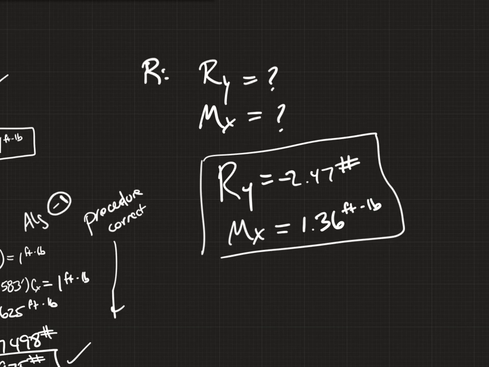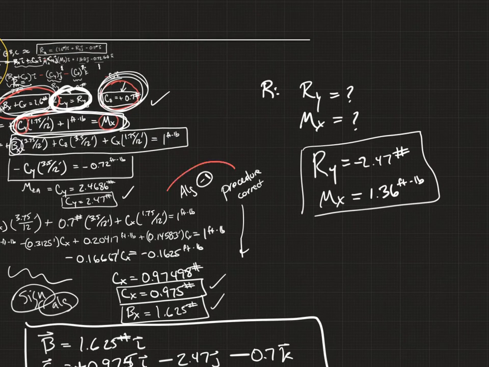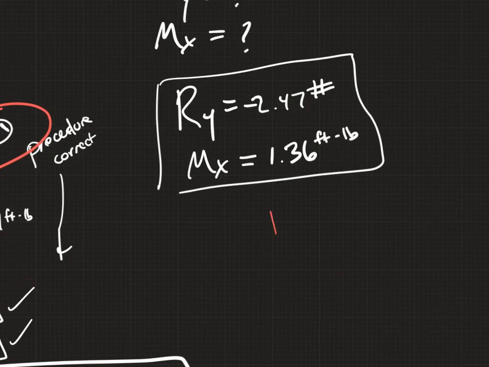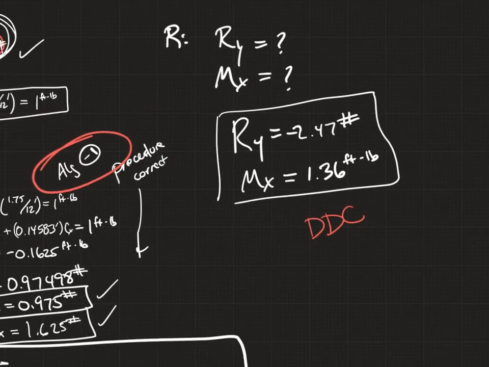That's really weird. Okay. Anyway, let's say you had an algebra error over here, and you're like, oh my God, it screwed up the whole problem. When I'm grading it, you'll see me write on the test DDC, which means don't double count, which means these answers are not right, but I'm not taking points off because I already took points off over here.